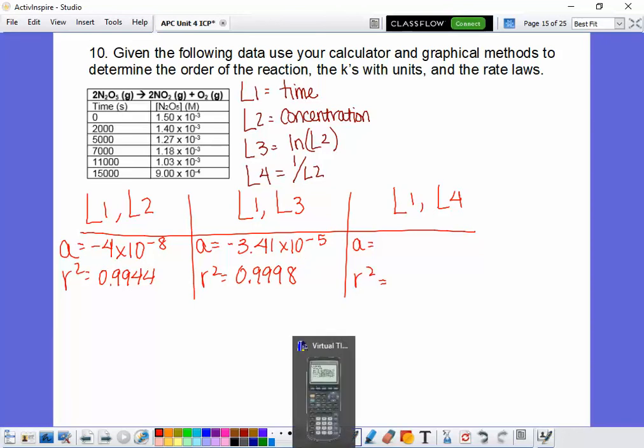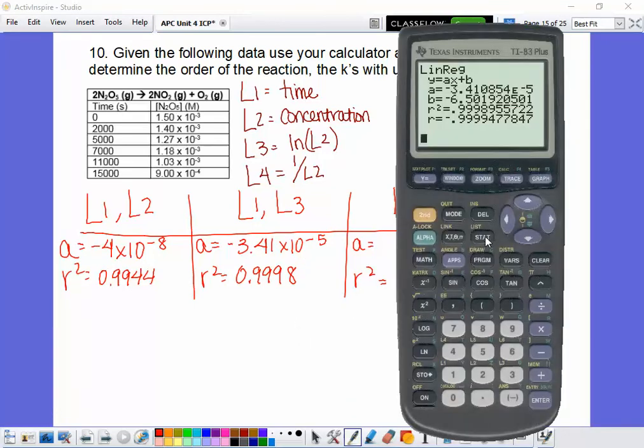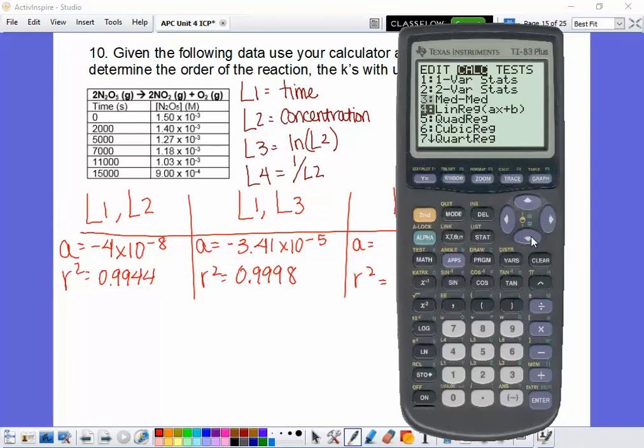And then last one is back to this, down to lin/reg, and this time we're going to do L1, comma, L4, which is the 4 button. Okay.